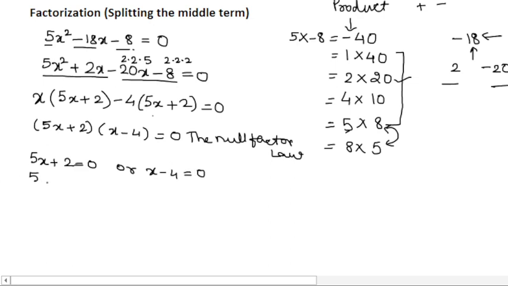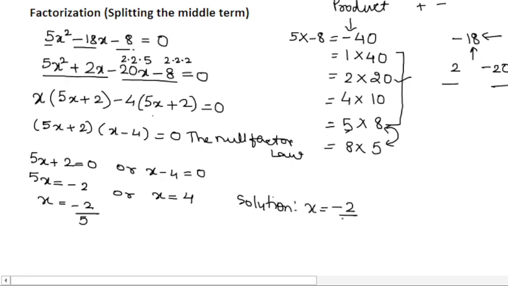So either 5x is equal to negative 2 or x is equal to 4, which again means x is equal to -2/5. You can see that the solution for this particular question is x equals -2/5 or 4. That's how you solve a quadratic equation using the factorization method.